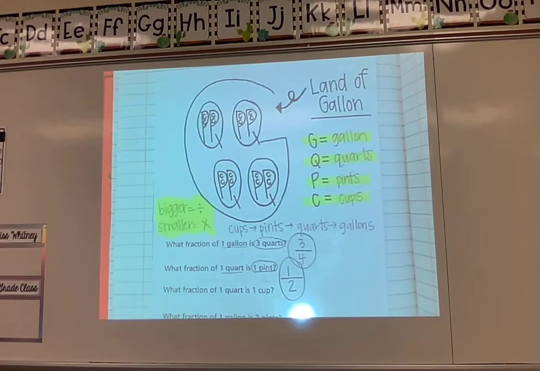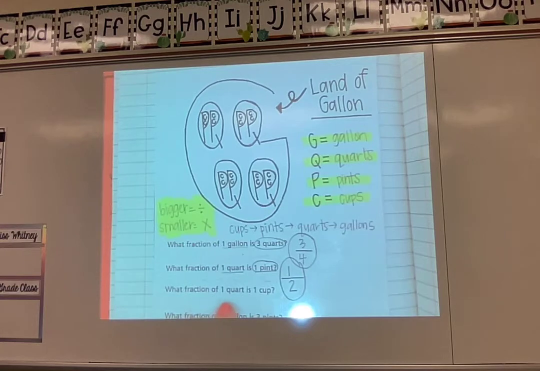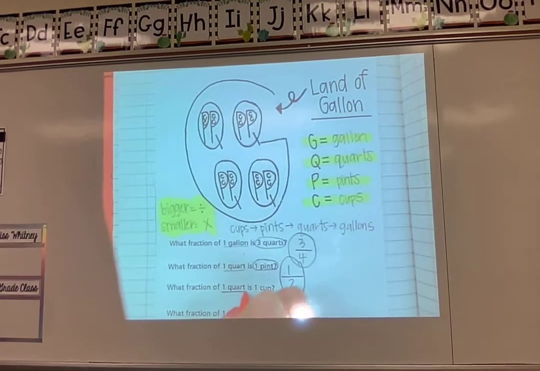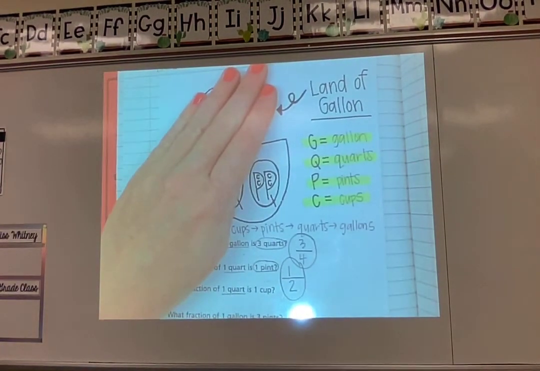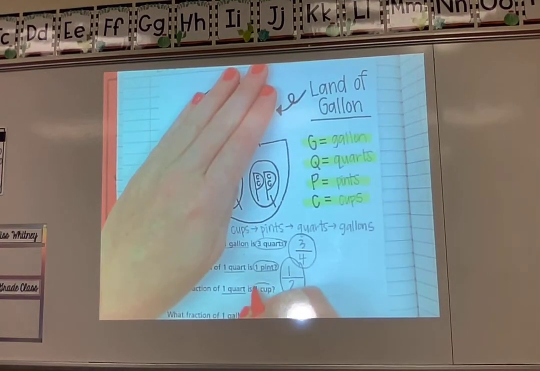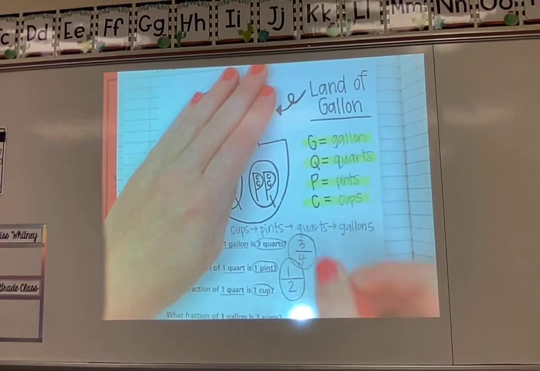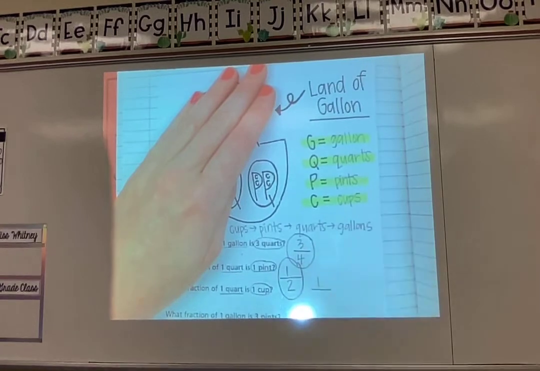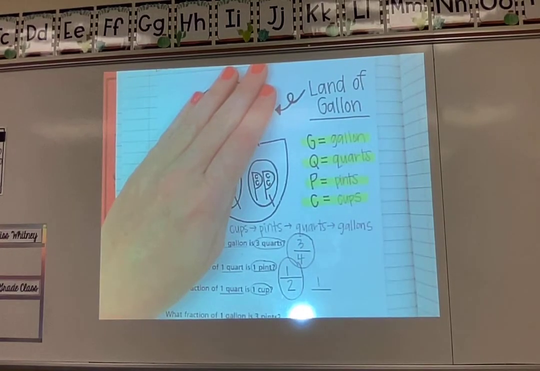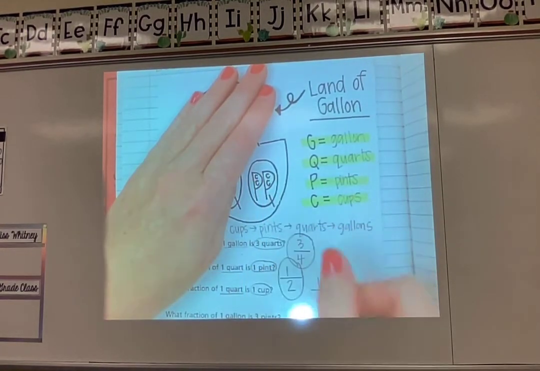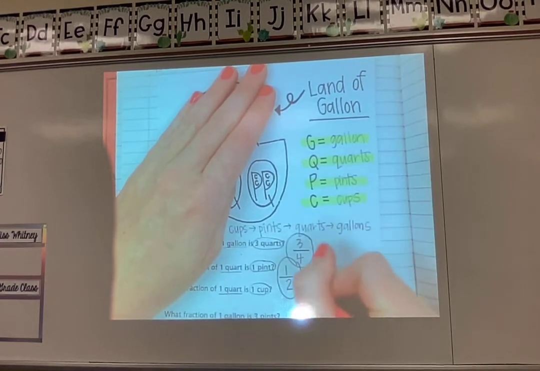Okay, the next one says, what fraction of 1 quart, so again, I'm just looking at one of those Q's, is 1 cup? So I have 1 cup. How many total cups make up that quart? 4. So I would have 1/4 of them.